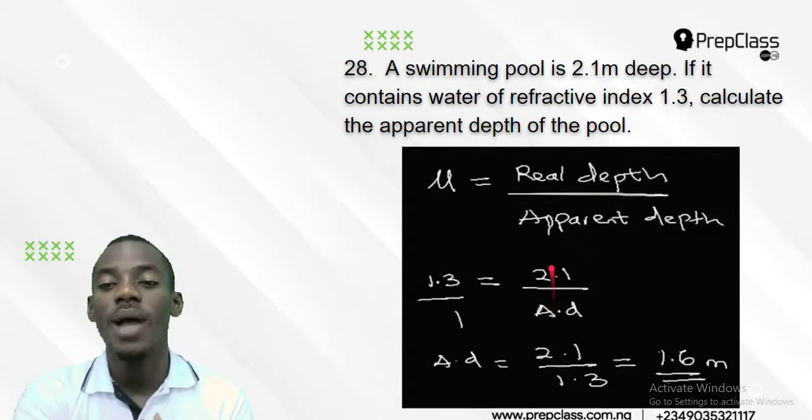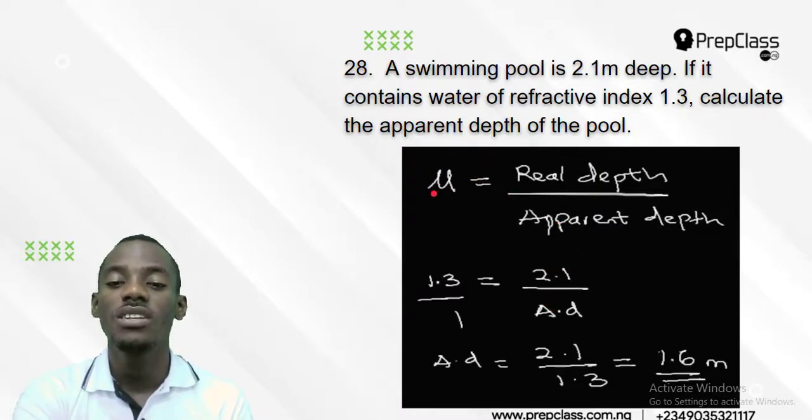That is what we are told to find: calculate the apparent depth. So it is real depth over apparent depth, that is the refractive index. 1.3 equals 2.1 over apparent depth, right?